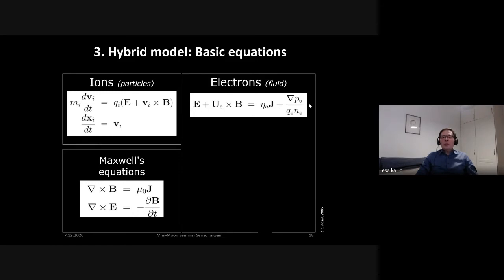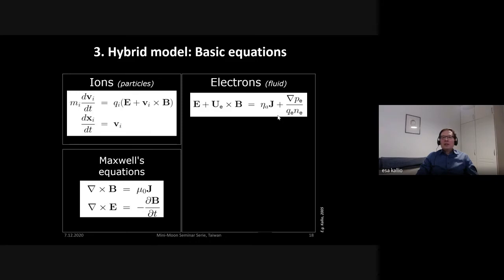In the previous slide we showed ideal MHD, but here we can see a more comprehensive Ohm's law: the electric field plus, and this is important, the electron bulk velocity cross B, and then there is an electric current term, maybe some resistivity, and then electron pressure.